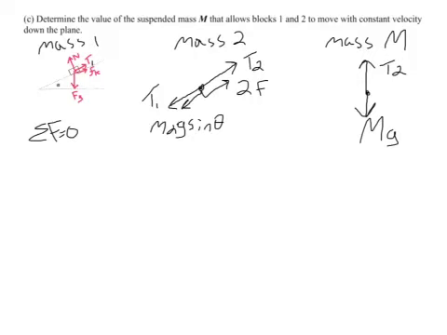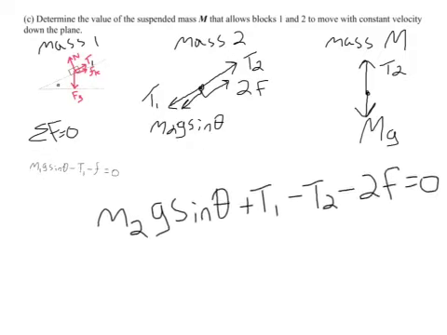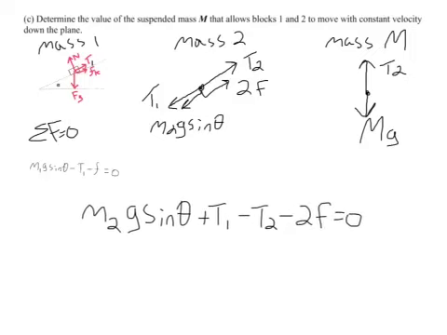So then, our net force for block 1 is going to be m1g sine theta minus tension 1 minus the friction is equal to 0. For block 2, we end up with m2g sine theta plus T1 minus T2 minus 2F equals 0.